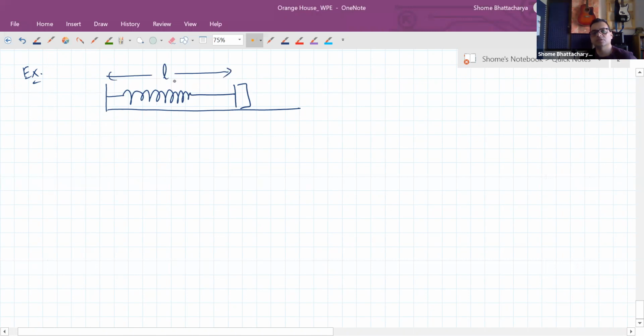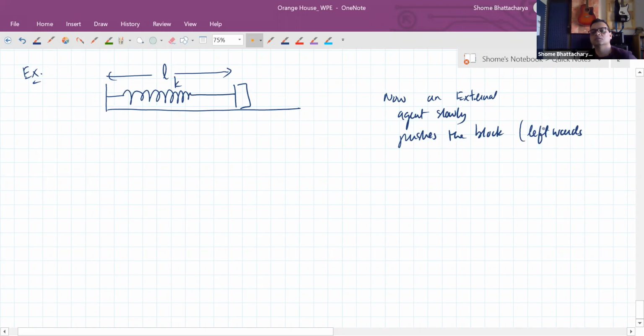So if this is the initial position, now an external agent slowly pushes the block leftwards until the compression of the spring is x naught.